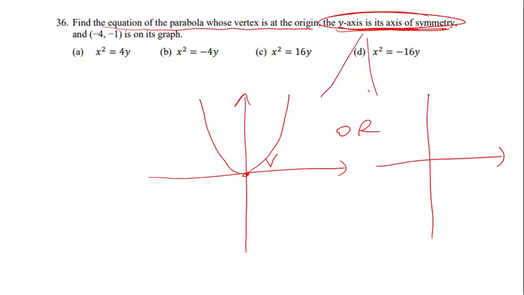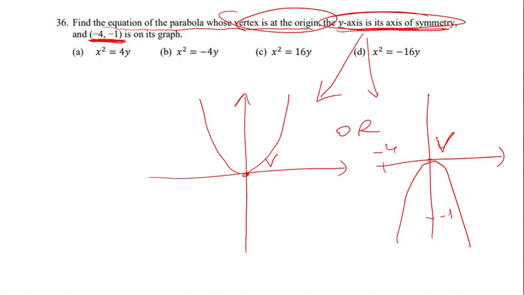We have 2 options. One option is this, and the vertex is at the origin. How will we decide which one? We will decide by looking at this information: (-4, -1) is on its graph. So where is it? It's here, so it has to be on the graph. So this is the graph we're looking for.